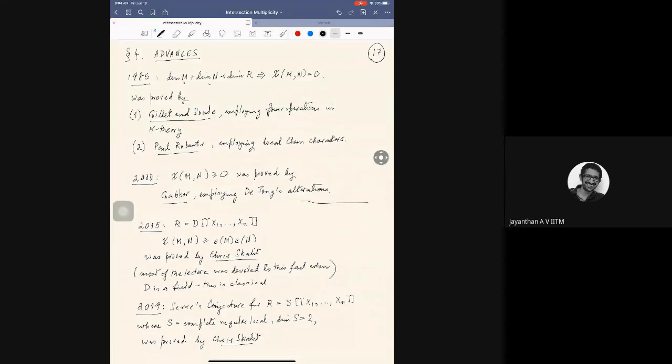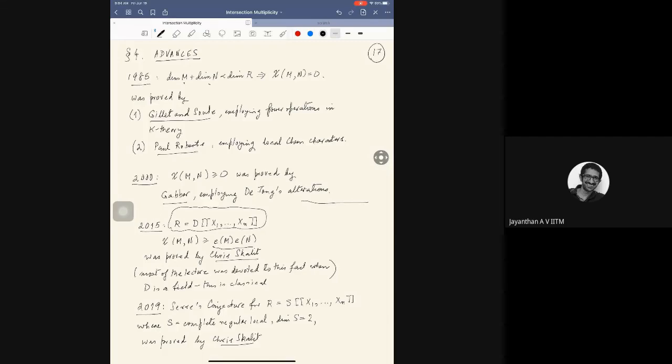And Chris Scarlett, this was his PhD thesis. He went back to the case that Serre had considered, which is this. Serre showed that the intersection multiplicity is positive, but Chris proved more. He showed that the geometric lower bound, which is that, is in fact valid.